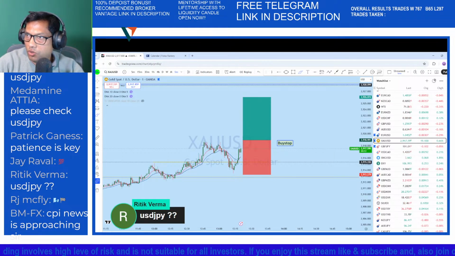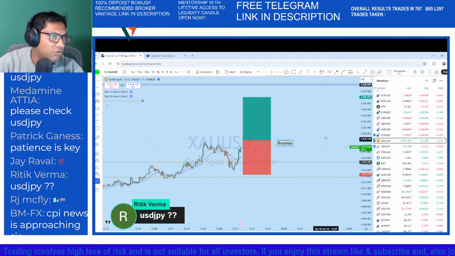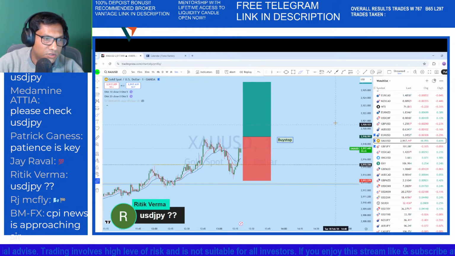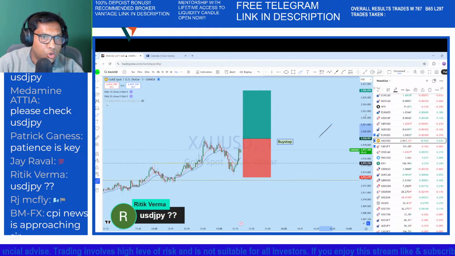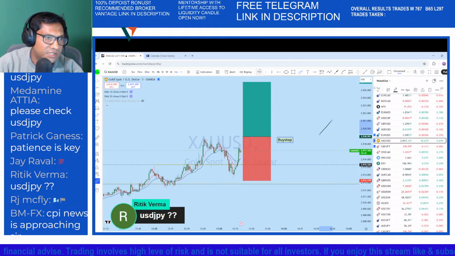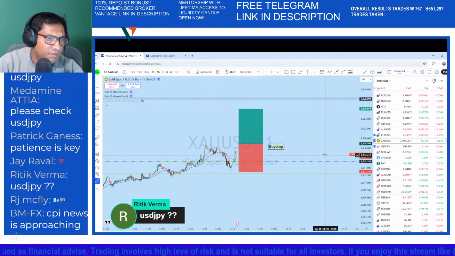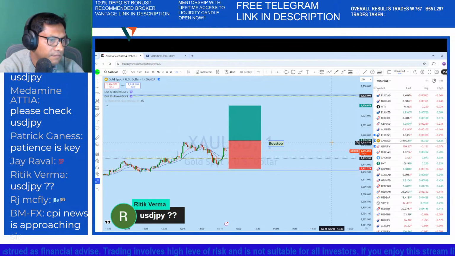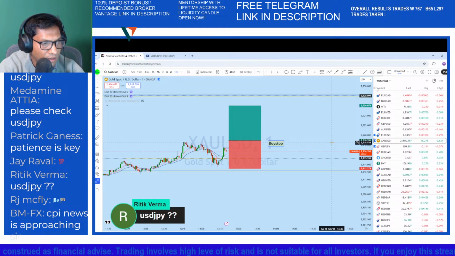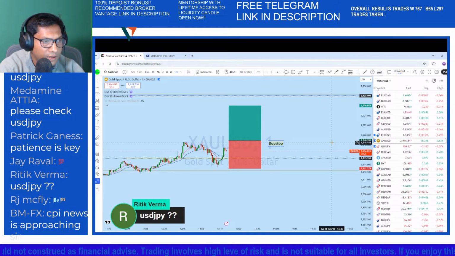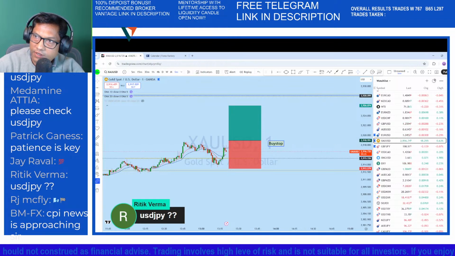So new entry level on XAUUSD at 2918.99, stop loss at 2913.27, and TP target at 2926.074. That's the entry on XAUUSD. That's the pending order, that means the buy stop. We'll be waiting for a trigger potential.